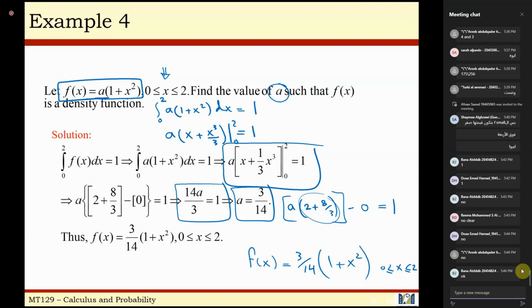Okay, this is very important. If we have an unknown, we need to find this unknown by integration if we have a density function of a continuous random variable.